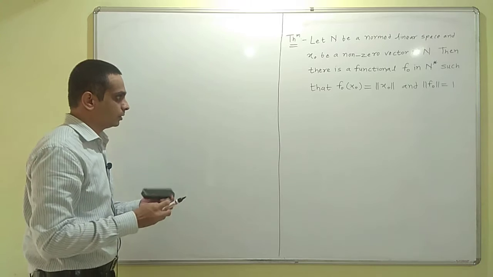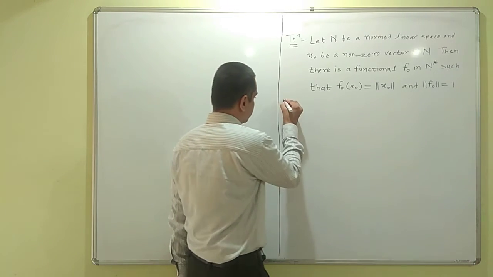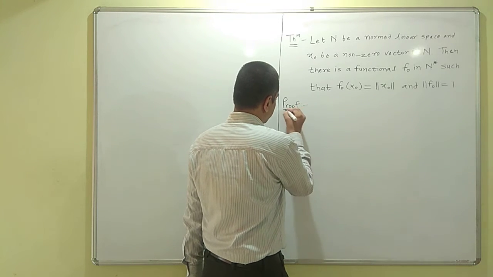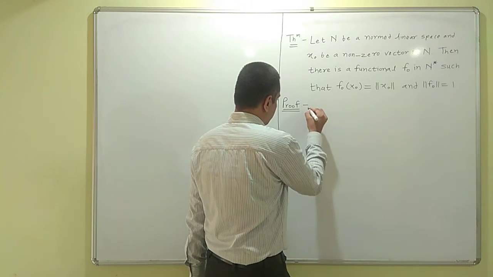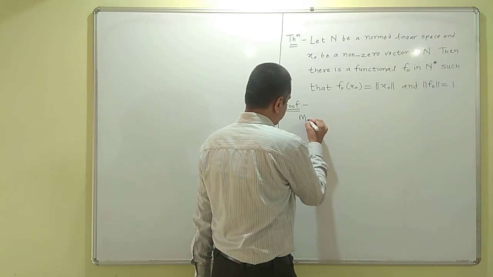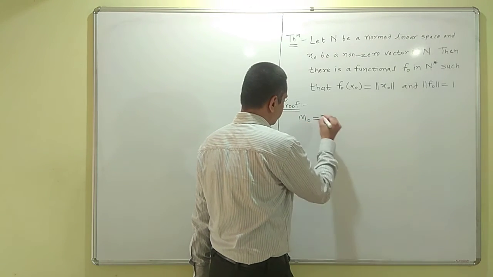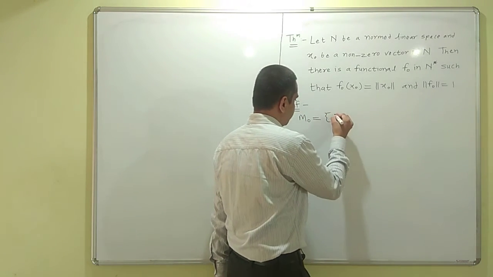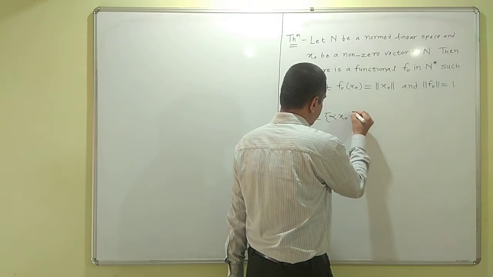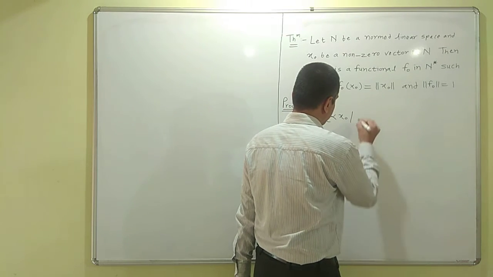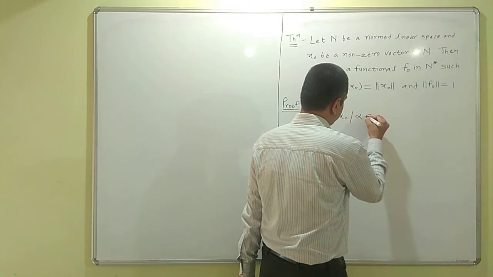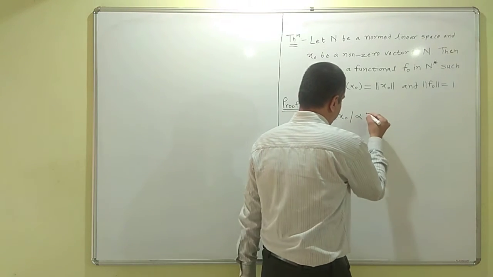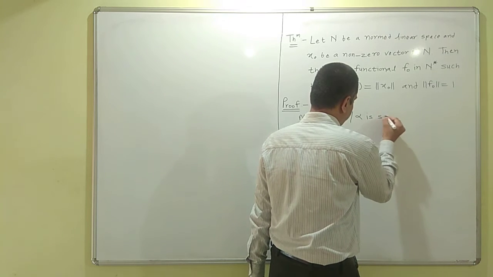Proof. Let M0 be a space spanned by vector x0 in N. For safer side, let me write alpha is scalar.